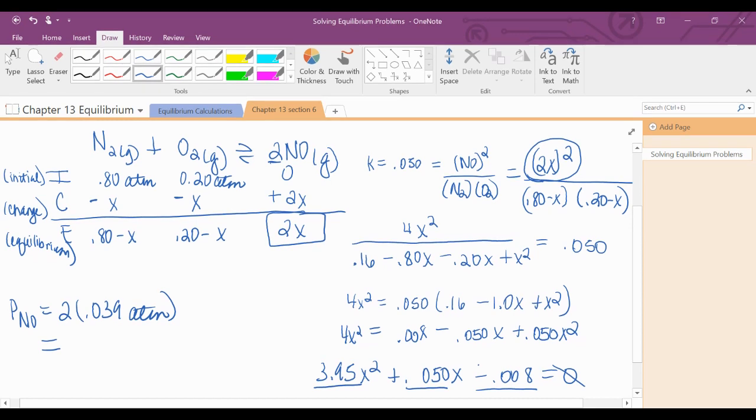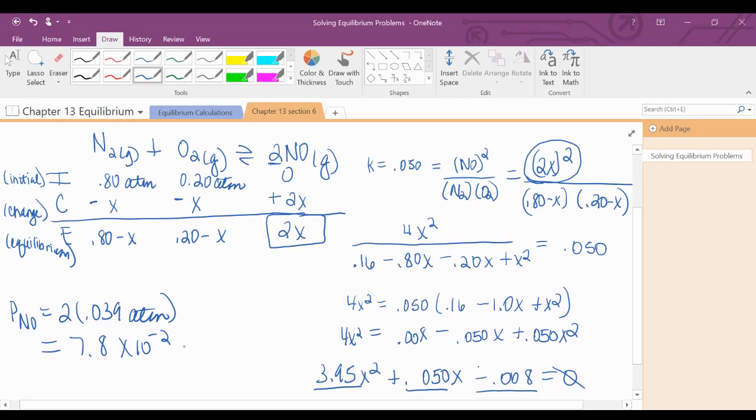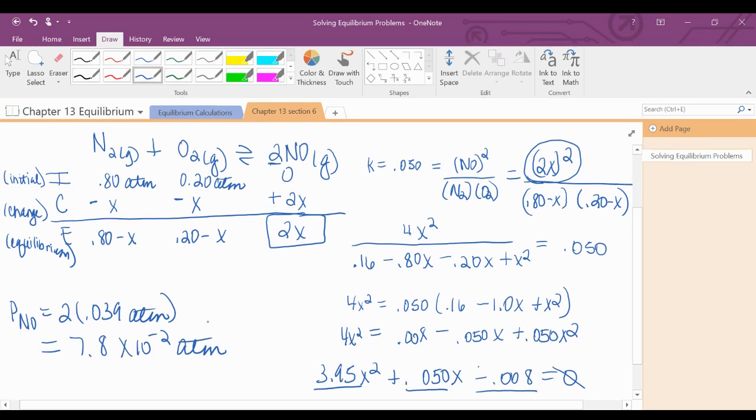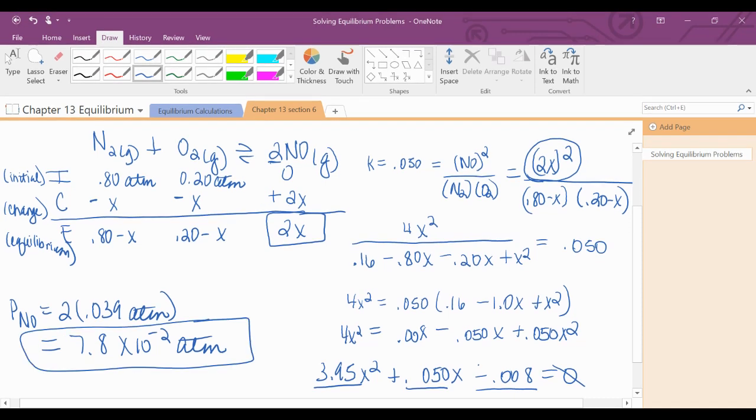And so we're going to get an answer of 7.8 times 10 to the negative second atmospheres, or 0.078. All right, so that's the first problem we're going to look at, and that's a problem where we're going to have to use a quadratic. And the second one we're going to look at is number 64.